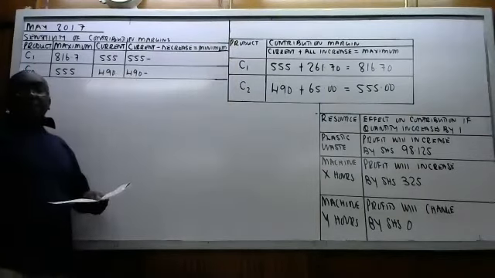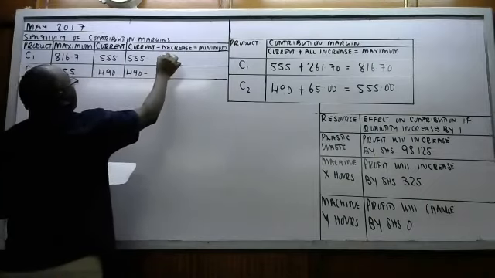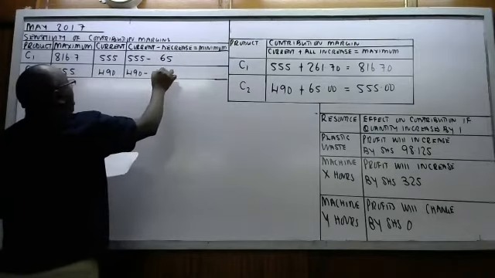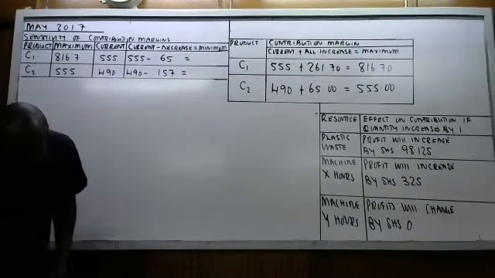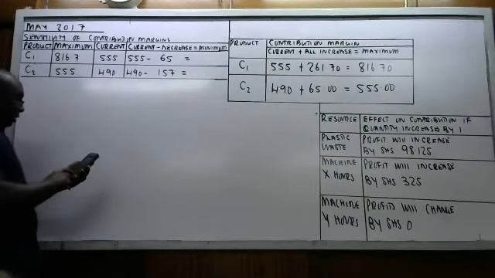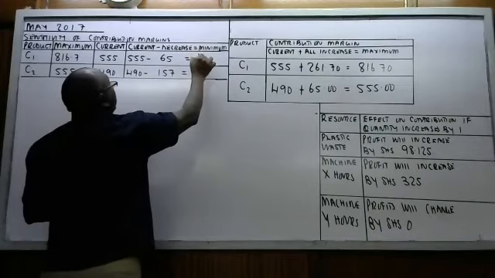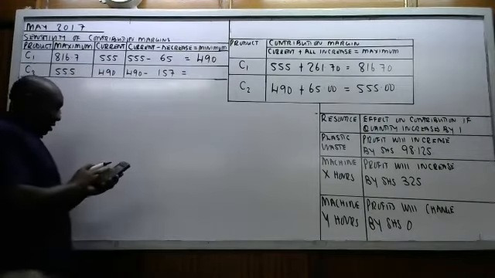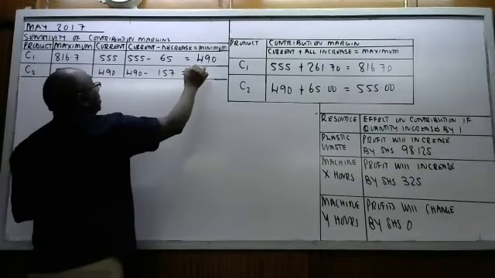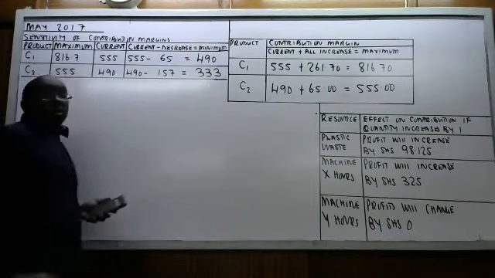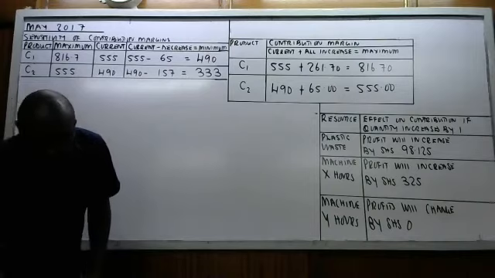That will give us the minimum. So you can see what they are calling decrease. This is 65 and this is 157. So if you take your calc and say 555 minus 65 is 490. 490 minus 157 is 343.